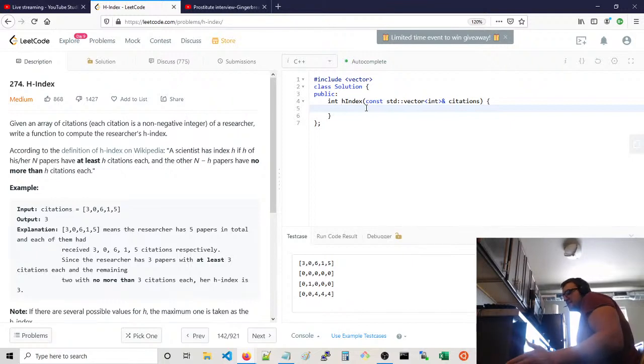Each integer you see, you just increment all of these values as you go. Once you've tallied everything up, you loop all the way through and find the largest value where the value at that index is greater than or equal to the index itself, if that makes sense. And that's it.